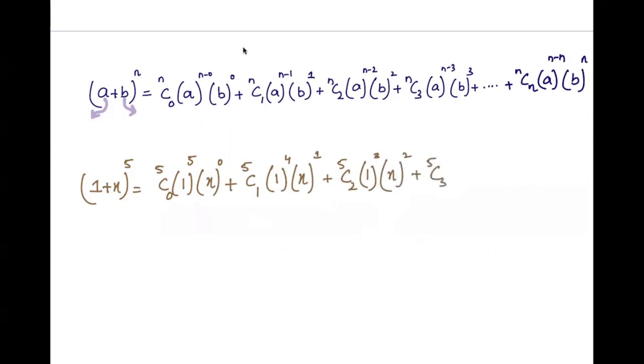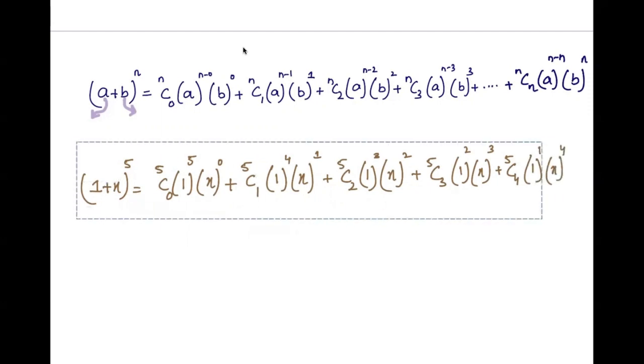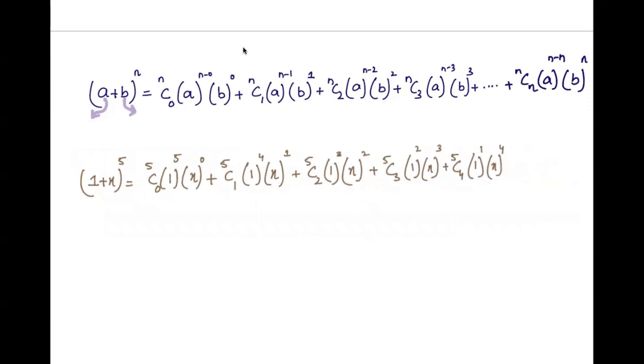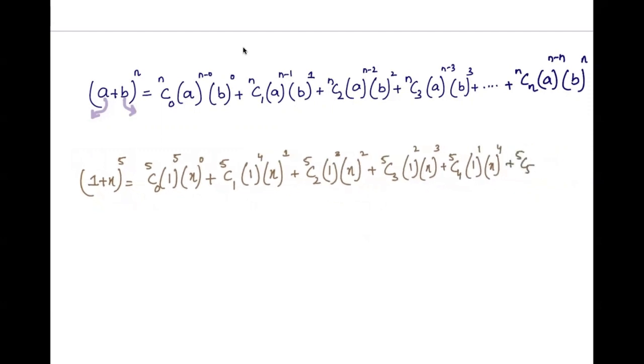Plus 5C3. 1 to the power of 5 minus 3, that is 2. X to the power of 3. Plus 5C4. 1 to the power of 5 minus 4. X to the power of 4. And the last term is going to be 5C5.